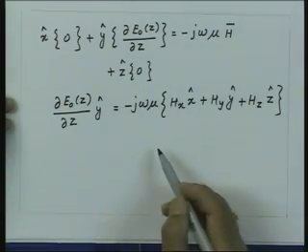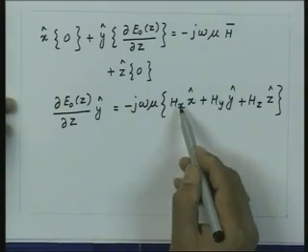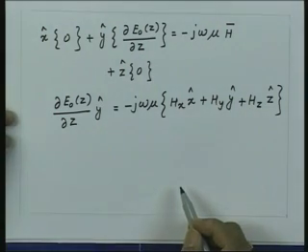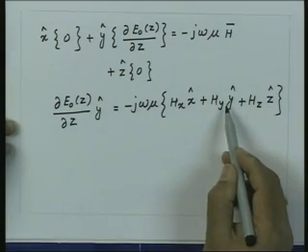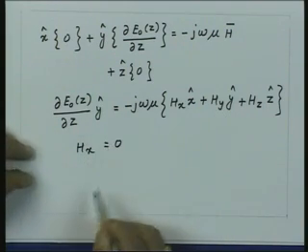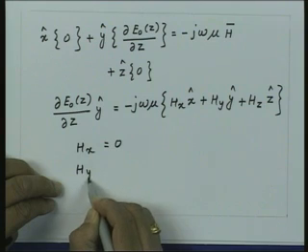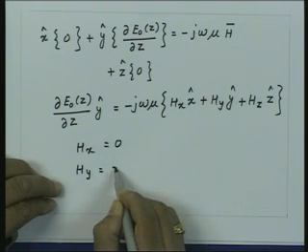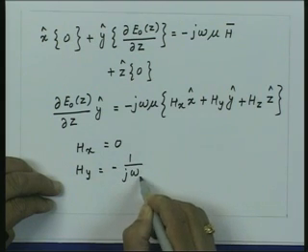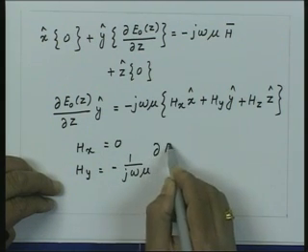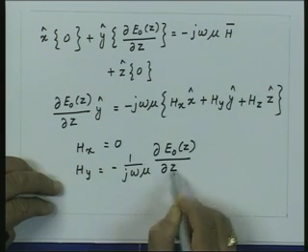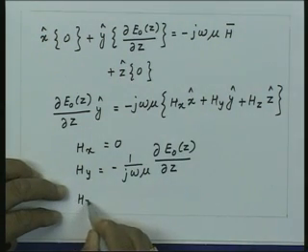So, from here we see that the x component is identically 0, the z component is identically 0. I have only the y component of the magnetic field. So, from here I get Hx equal to 0, I get Hy equal to minus 1 upon j omega mu dE0z by dz, and Hz is equal to 0.